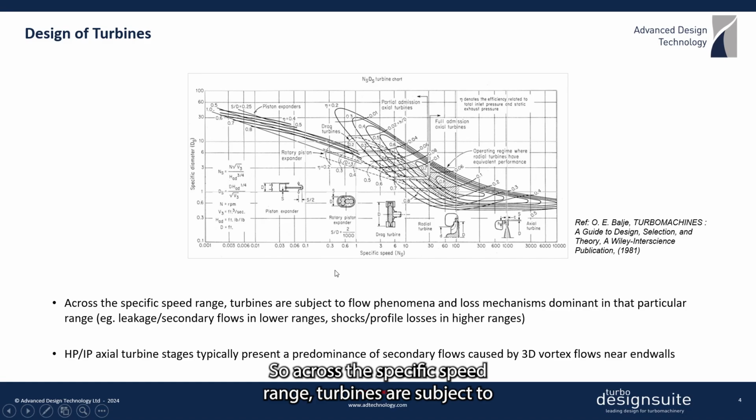Across the specific speed range, turbines are subject to various flow phenomena and loss mechanisms which are dominant in that particular range. For example, as you can see in this specific speed chart, leakage and secondary flow effects are more dominant in the lower ranges, whereas shocks and profile losses take priority in the higher ranges.